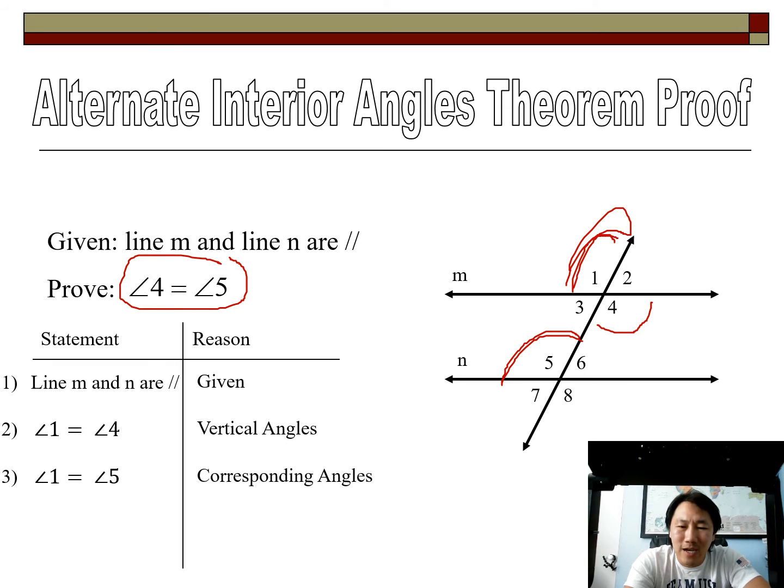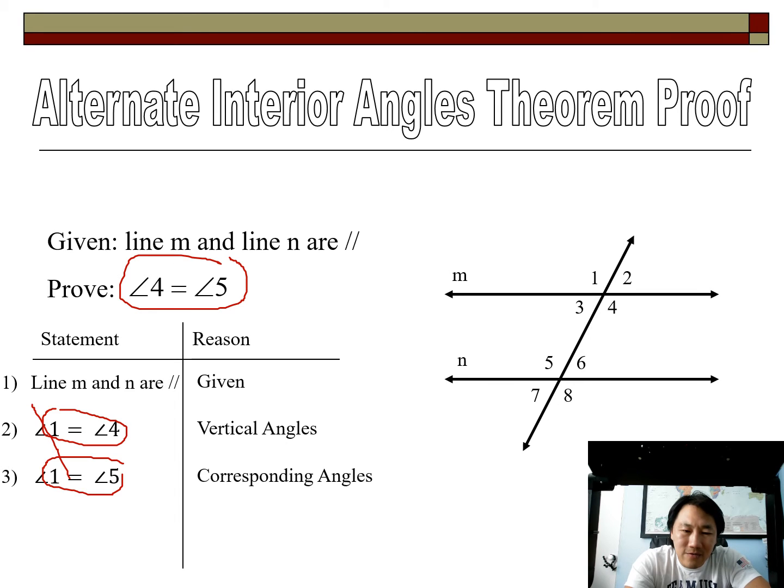So hopefully you kind of see what I'm leading towards. If angle 1 is equal to angle 4 and angle 1 is also equal to angle 5, then we can take away the middle thing, the thing they have in common, and conclude that angle 4 is equal to angle 5. I hope you remember what that was called when you eliminate the middle thing they have in common.